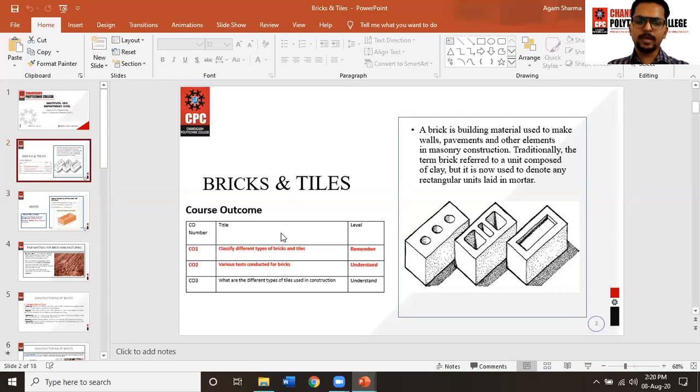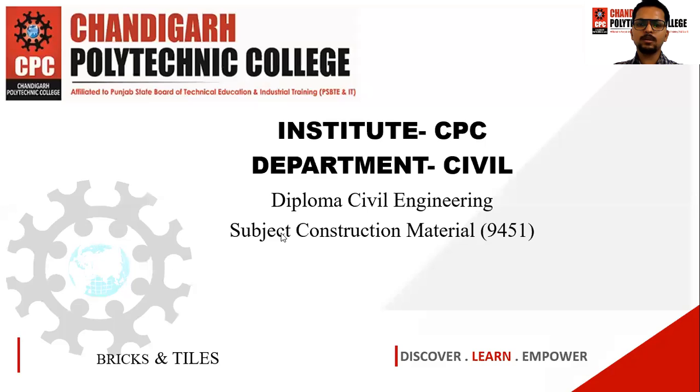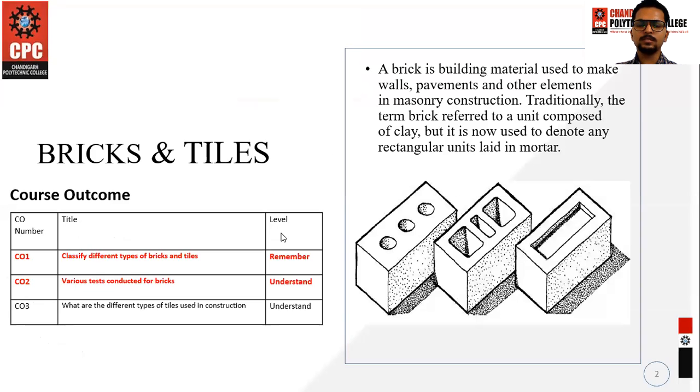First of all, bricks. Bricks are basically a rectangular object or material which is used in our walls, pavements, floors, etc. in our construction field. Earlier, bricks were made only of clay, but nowadays more materials come into the field and are used to make bricks.